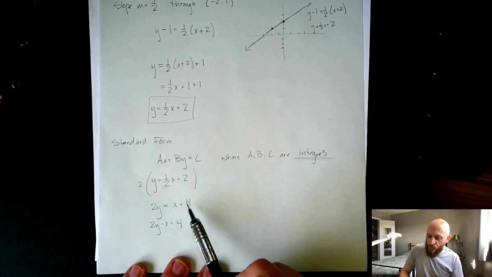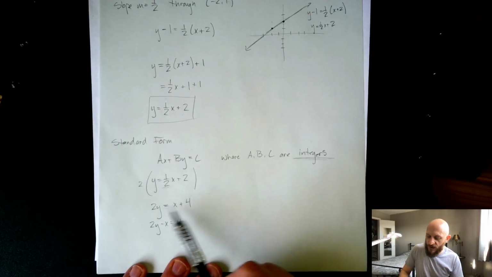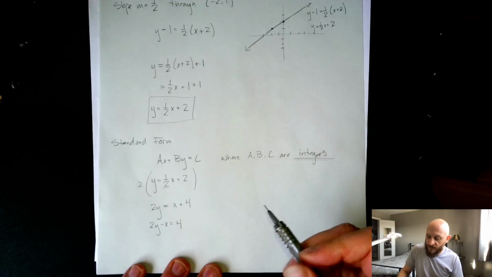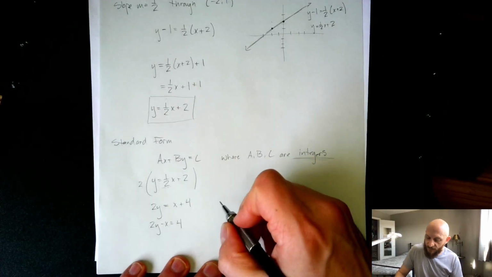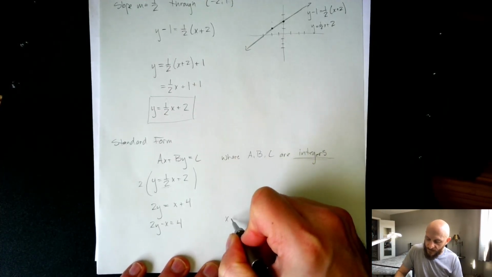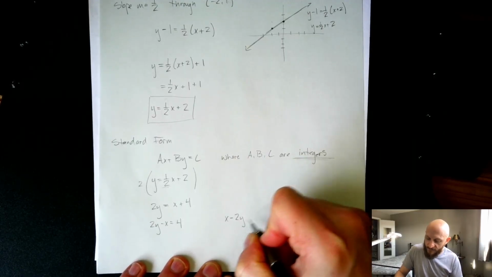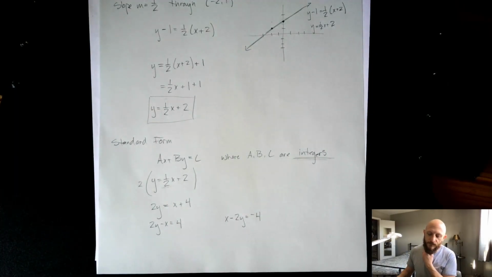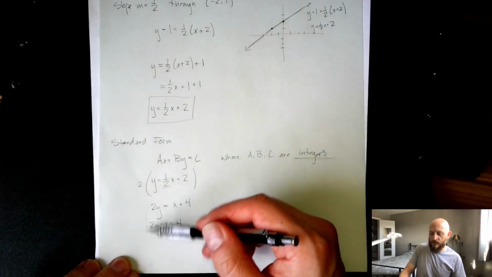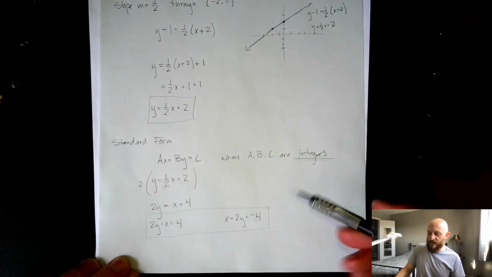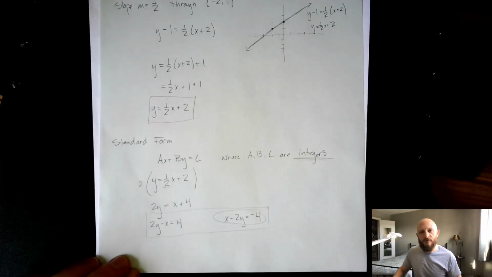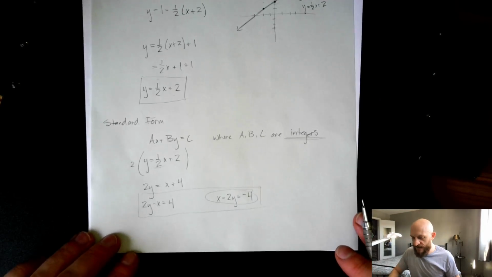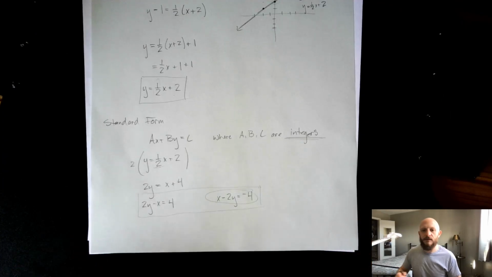I could subtract 2y from both sides, and I could subtract 4 from both sides, in which case I would have x minus 2y equals -4. Right? Yep. So both of these are kind of fine. I'd say maybe this second one might be the preferable way of writing it, but as far as I know, both of them will be acceptable in standard form.